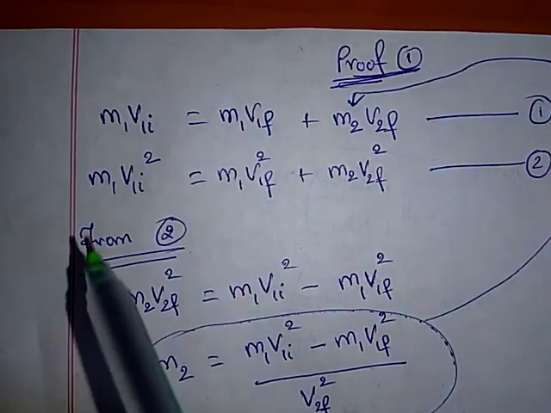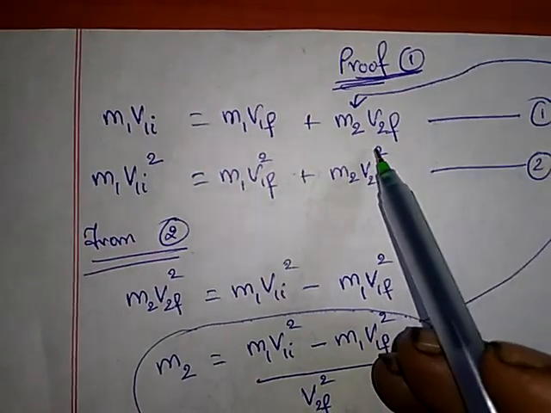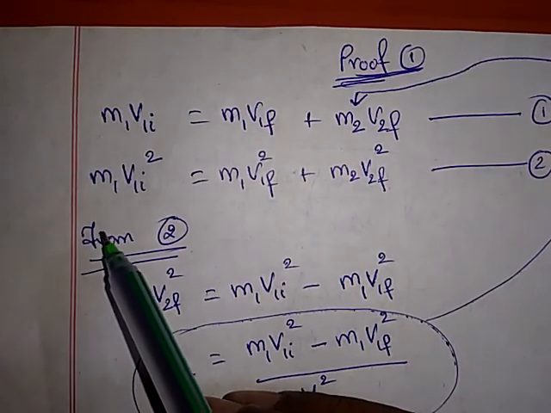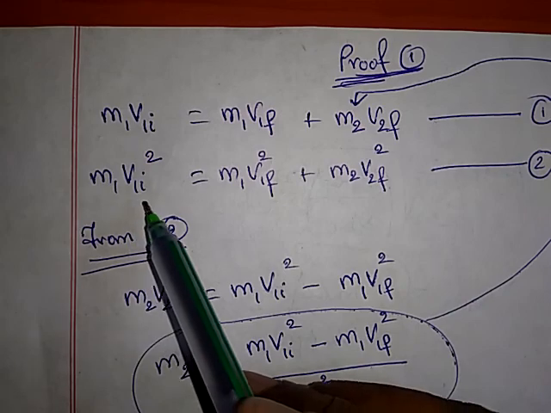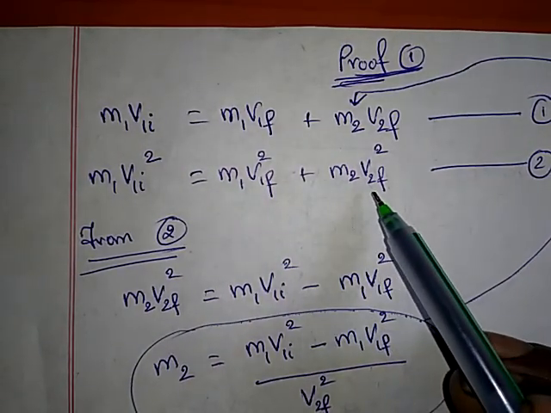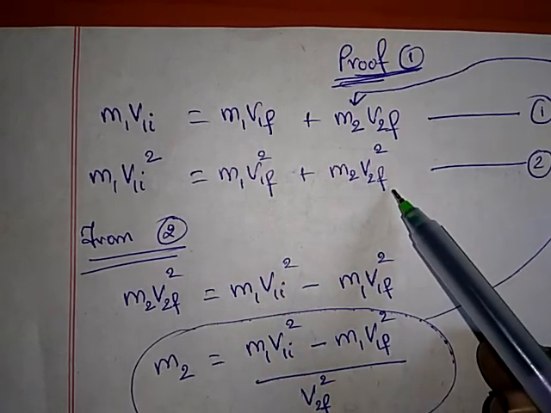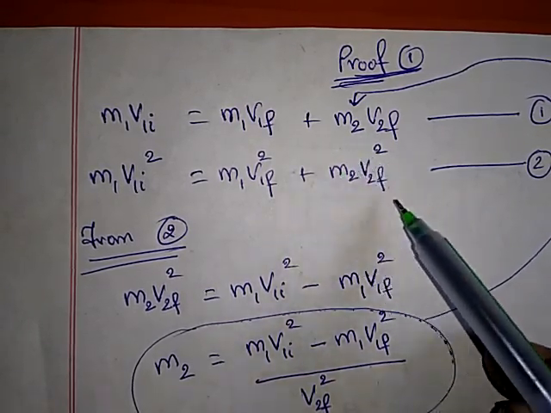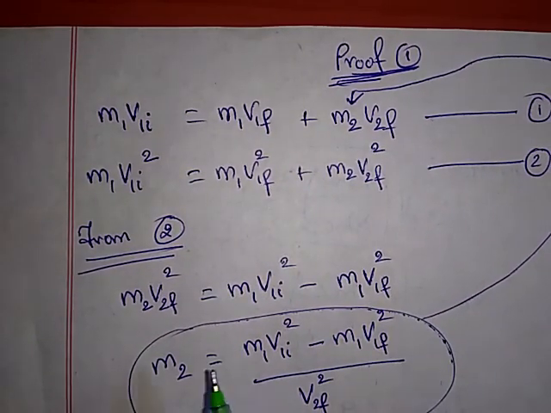So we have M1 V1I is equal to M1 V1F plus M2 V2F, the momentum equation, and the kinetic energy equation: M1 V1I square is equal to M1 V1F square plus M2 V2F square. This we already have. From the second equation, keep this term here and bring this term to this side, so you will get this equation.